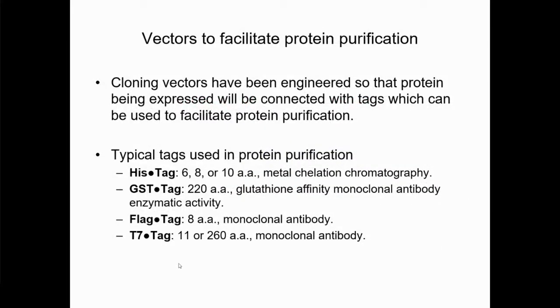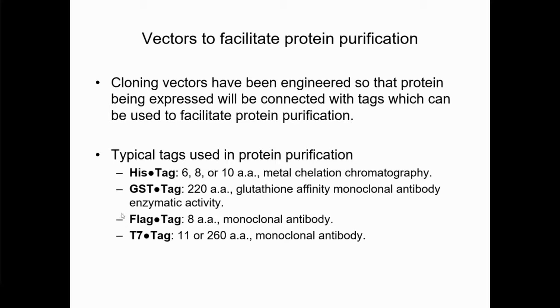For purification in the expression vector, sometimes you have to incorporate specific amino acids, and these will be expressed and give you a tag that helps you purify your target protein. These tags include the HIS tag, GST tag, FLAG tag, and T7 tag.